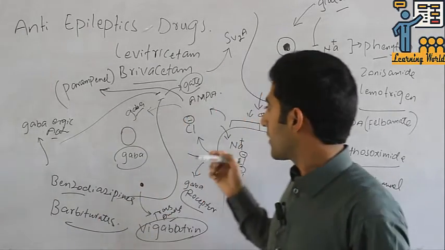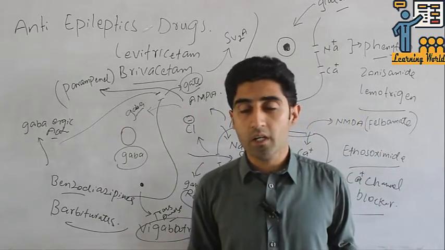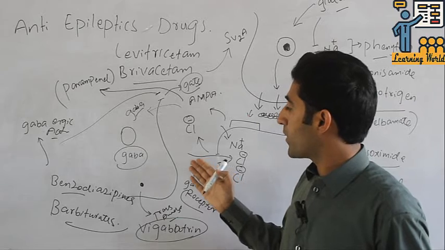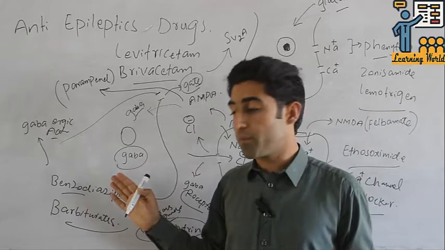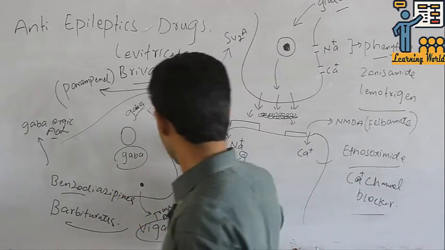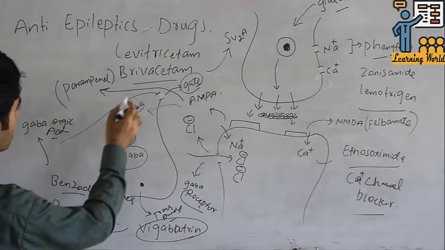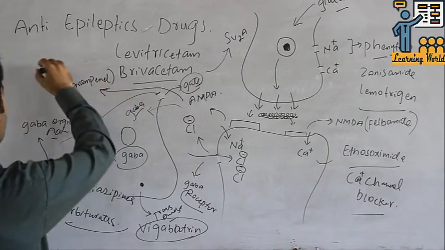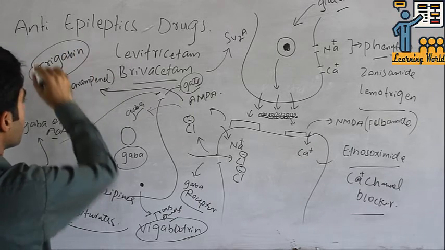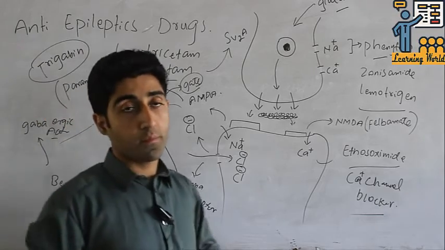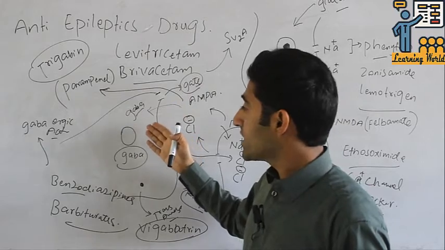So the drug which is responsible to inhibit this transporter, to stop GABA from entering again into this presynaptic membrane, is tiagabine. Tiagabine is the medicine which is used to stop this transporter, to increase the activity.